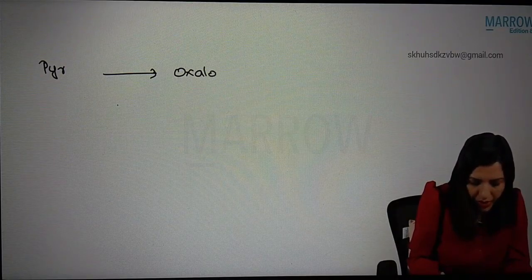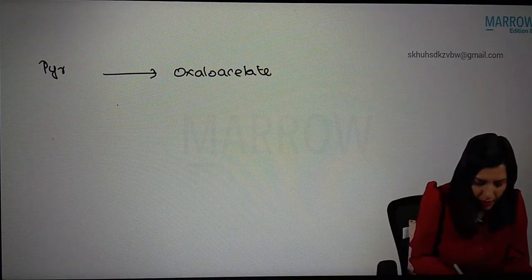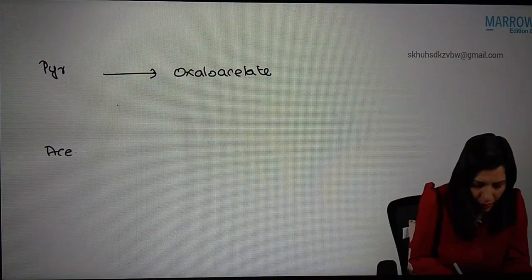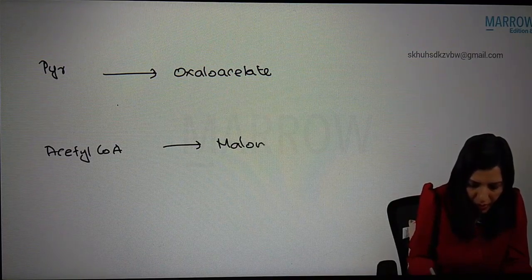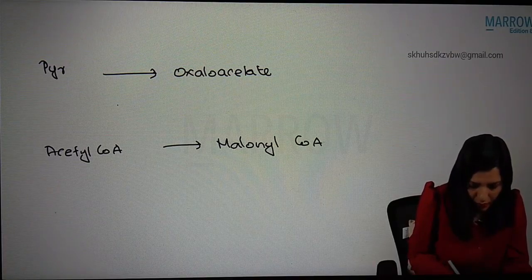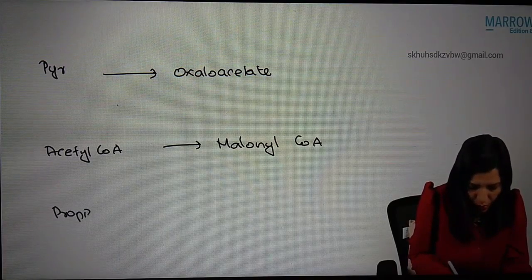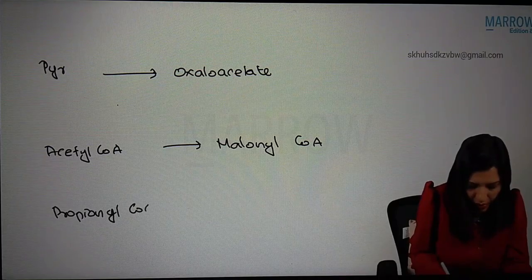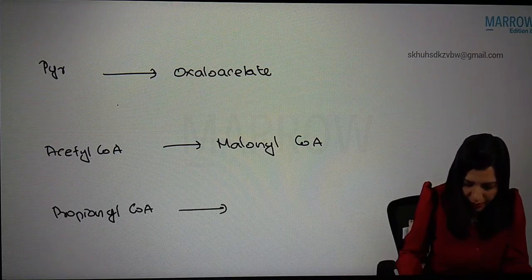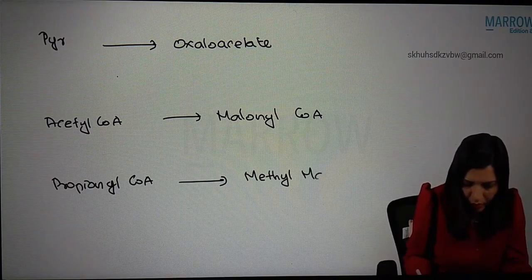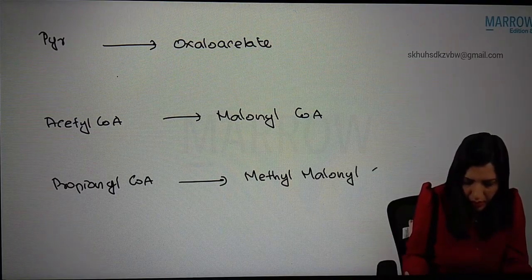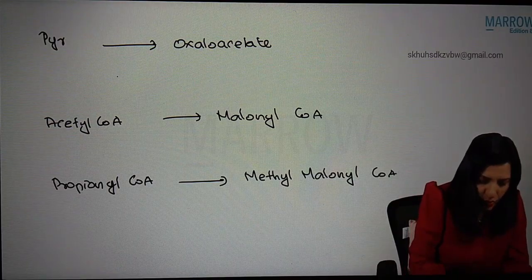That is pyruvate becoming oxaloacetate, then acetyl coenzyme A becoming malonyl coenzyme A. One more example is propionyl coenzyme A becoming methylmalonyl coenzyme A. In all these reactions, what is common?